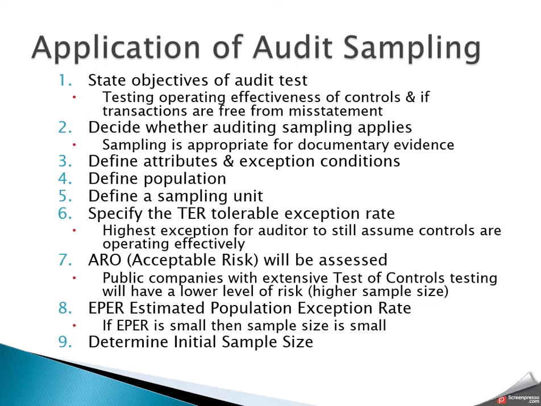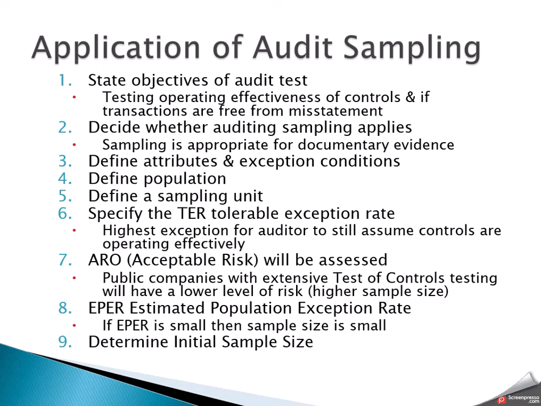Decide whether the audit sampling applies, and if we're going to sample, if our sampling is appropriate for documentary evidence, define the attributes and the exception conditions. That's some of the stuff we were just talking about. Define the population, define the sampling unit, and specify the tolerable exception rate: what is the highest exception rate for the auditor to still assume that the internal controls are actually working.